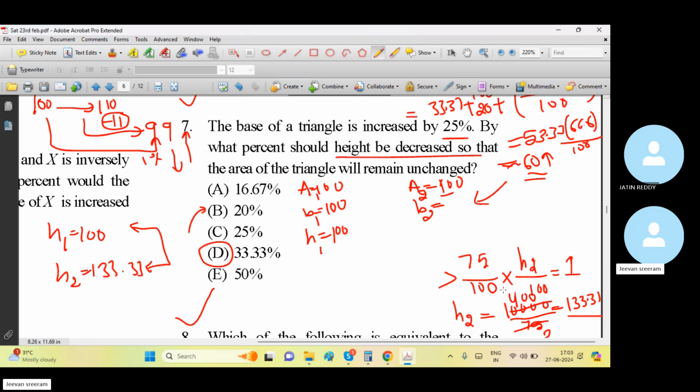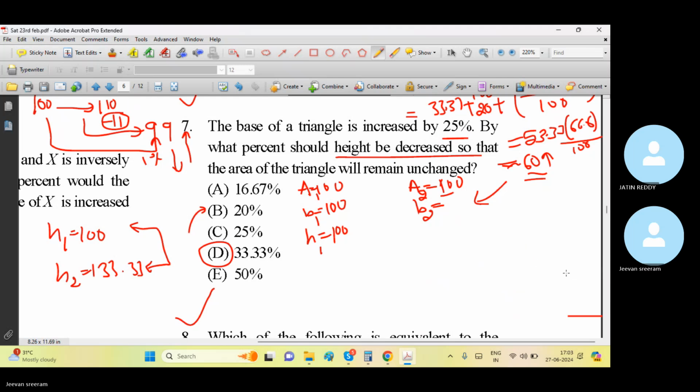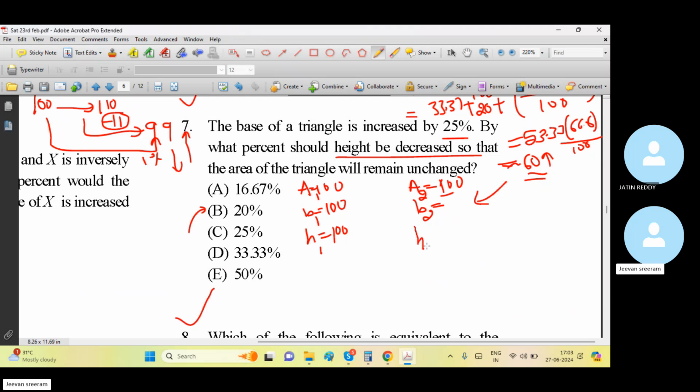So, however, it has confirmed that it works. This method is working. Yes, sir. Okay. So B2 how much? 125. H2 must be found.